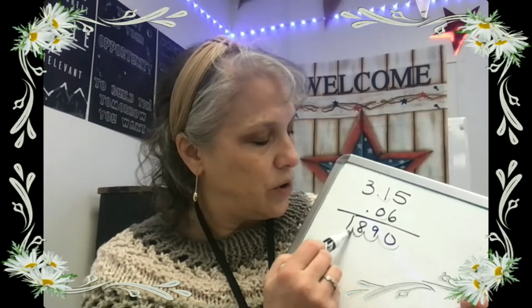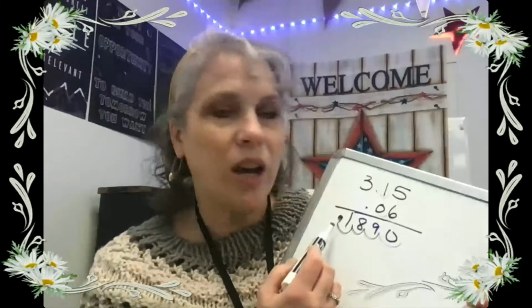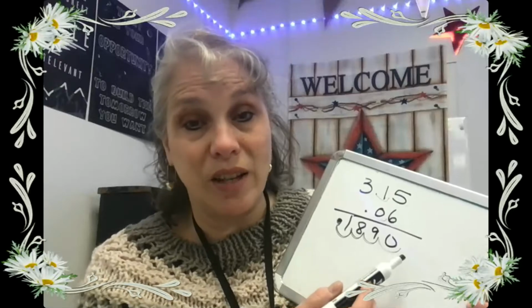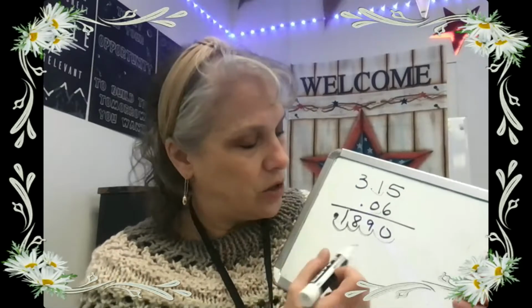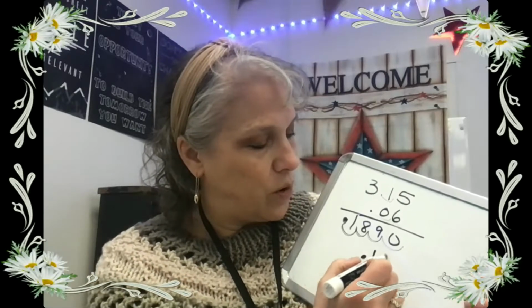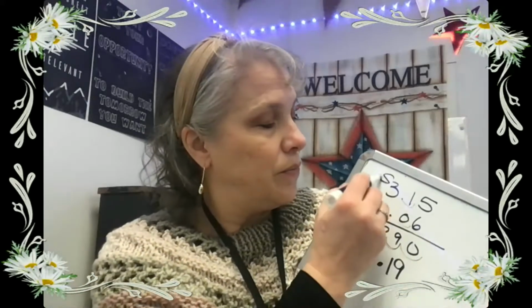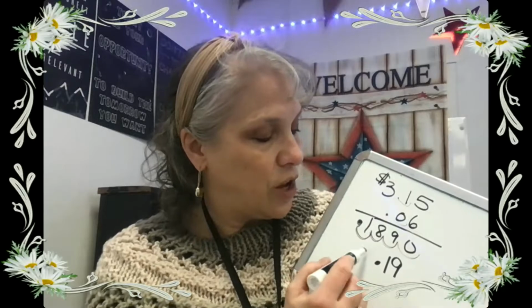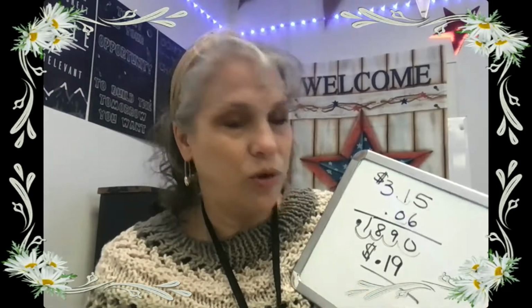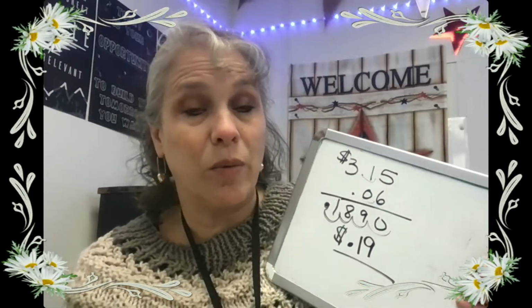So I'm going to have 0.1890 cents. This would round off to 0.19 cents. So if it's money, you make sure that you only use 2 decimal places after the decimal point. That is all there is to it.